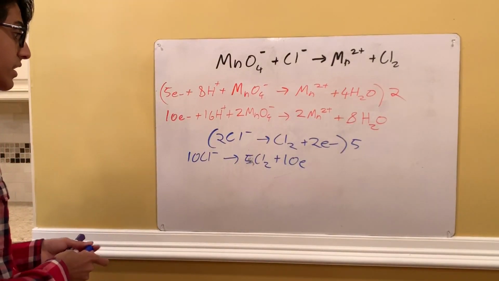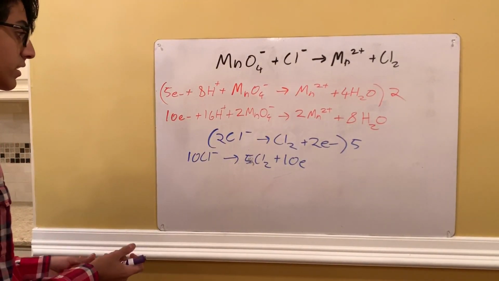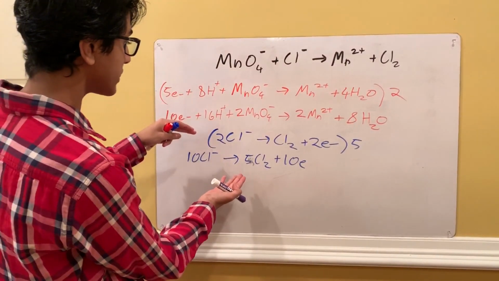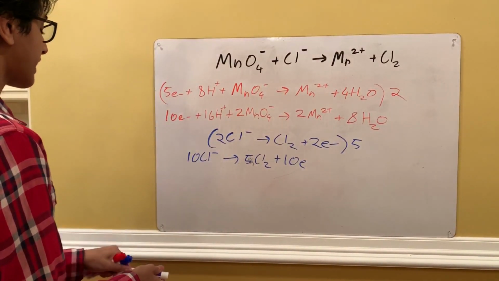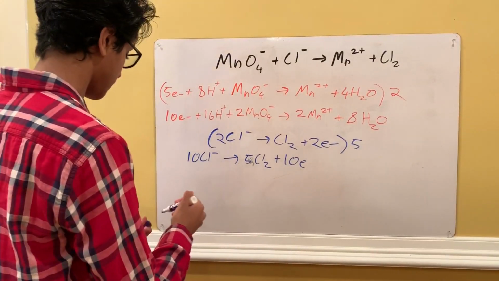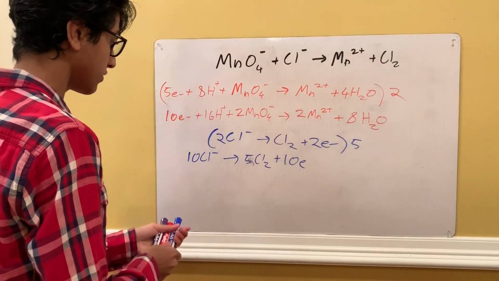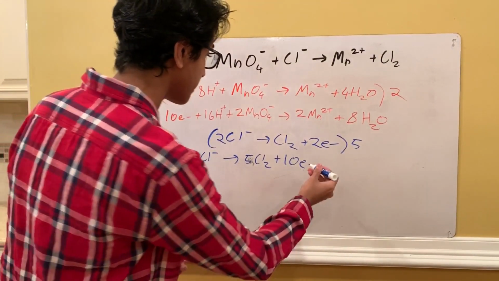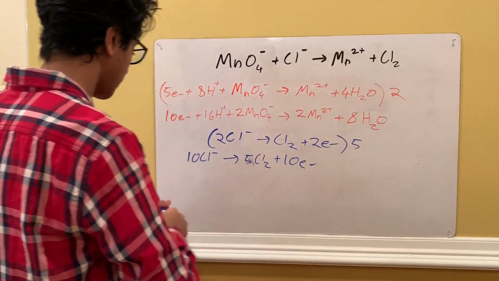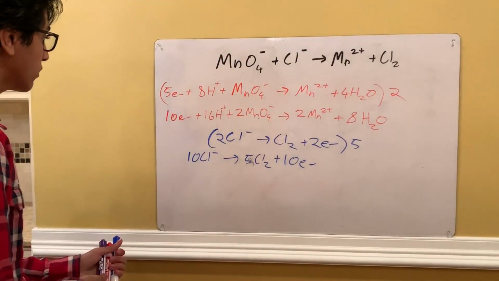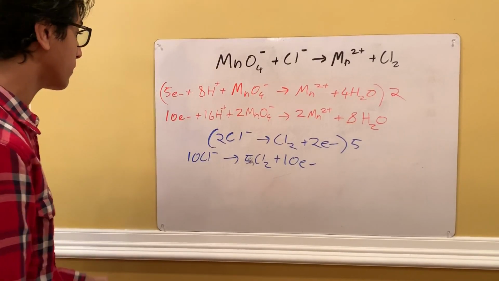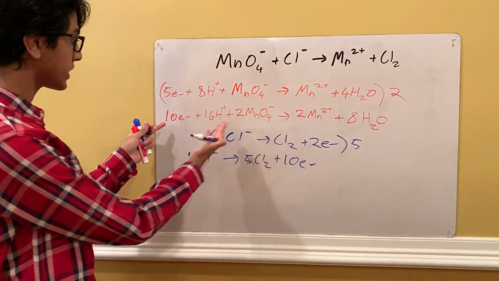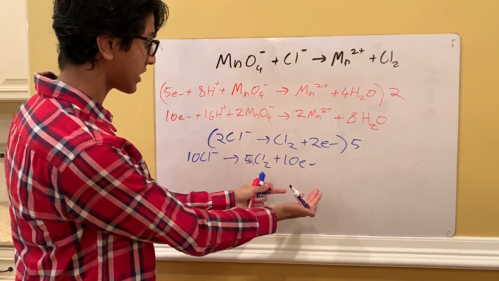Okay, and now we can combine these two equations by first canceling out the electrons. Oops, there's supposed to be a minus over here. So in the reactants we have 10 electrons, and in the products we have 10 electrons.